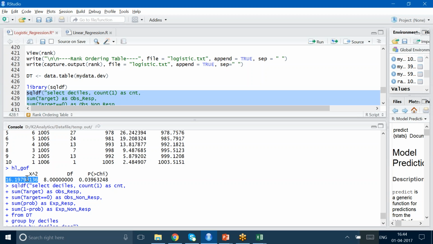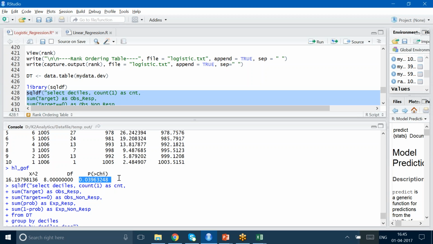Now my p-value came as 0.03. If the alpha threshold is 0.05, it means my null hypothesis is rejected and the alternate is accepted, which means the predicted is not close to observed. I want predicted to be close to observed. Why is predicted not close to observed?